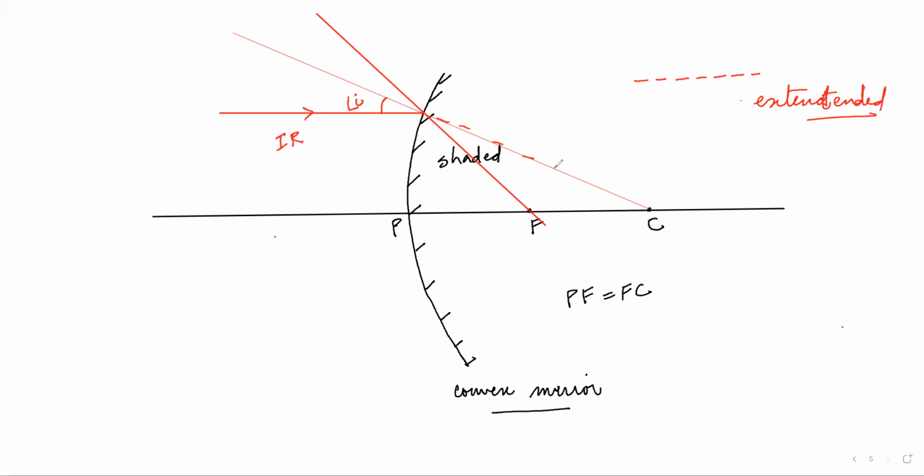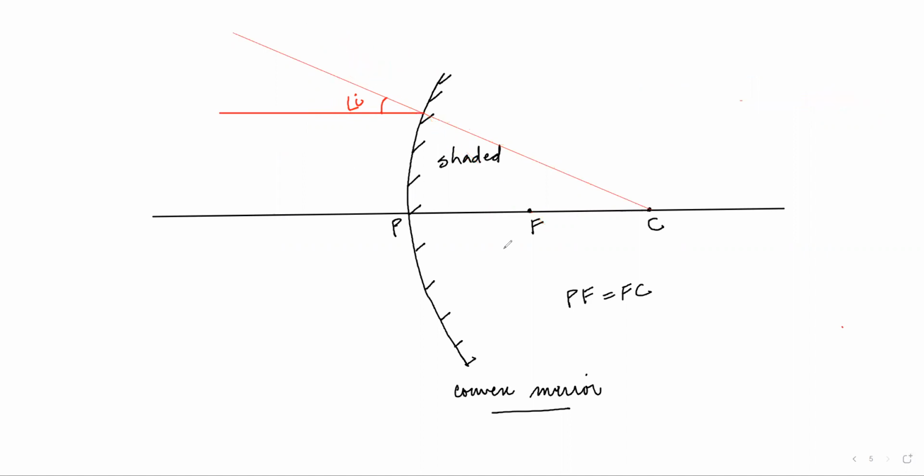It should be drawn like this, because actually the ray is coming in this direction, and in this direction it will get reflected. If this is the incident ray, then this will be angle of incidence, and this will become angle of reflection, because in this convex mirror, the ray is not going to enter the other side. On this surface only it will get reflected. Am I right? So that means we have understood.